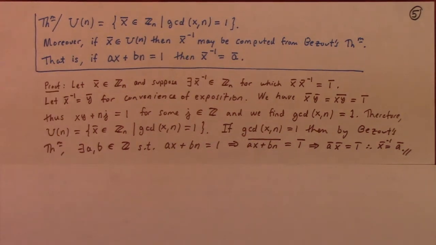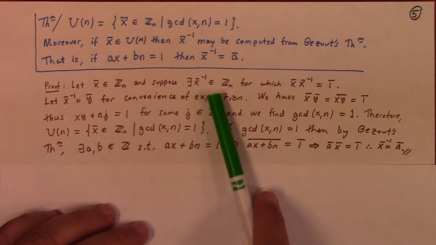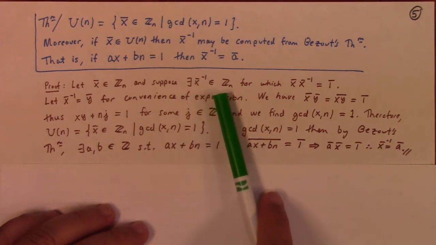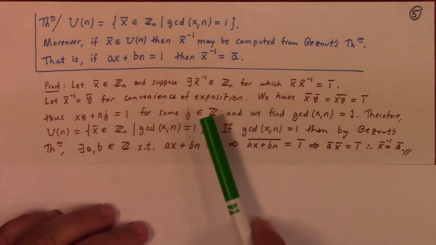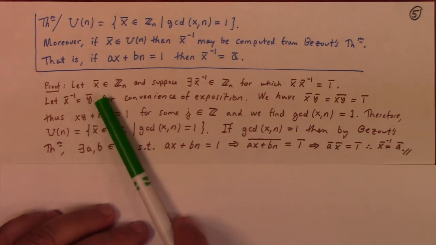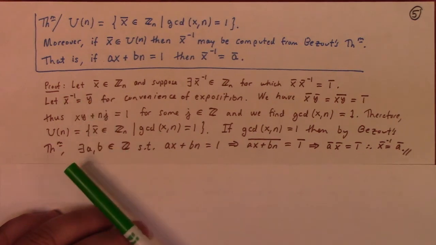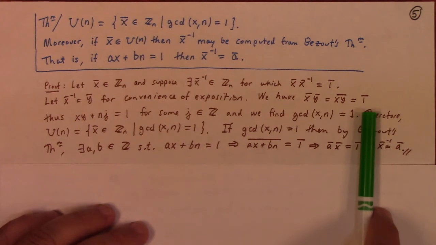So let x bar be in Zn. Then there exists x bar inverse in Zn for which x bar times x bar inverse equals 1 bar. Let's suppose that's the case, and let y bar equal x bar inverse. So we have x bar y bar equal to xy bar equal to 1 bar.